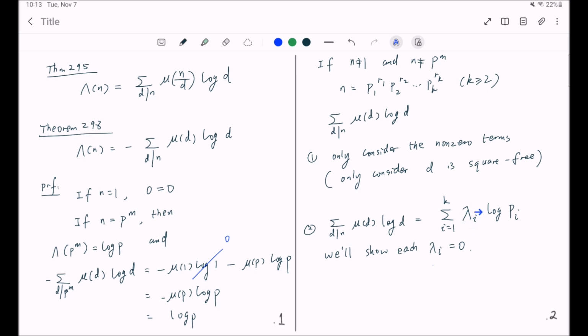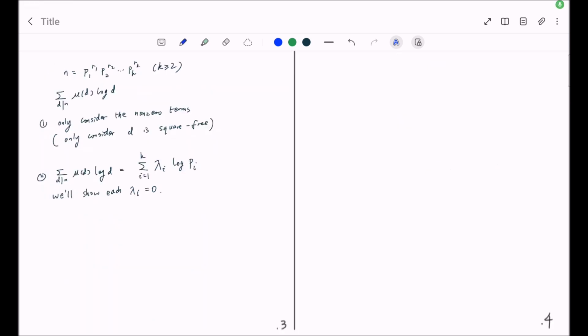So now how do we show each lambda sub i is equal to 0? In fact, we're going to explicitly compute these lambda sub i's by counting. Lambda sub i, I claim, is equal to, first, if you look at the case when d is precisely equal to this p sub i, then the coefficient in front of that is just mu of p sub i.